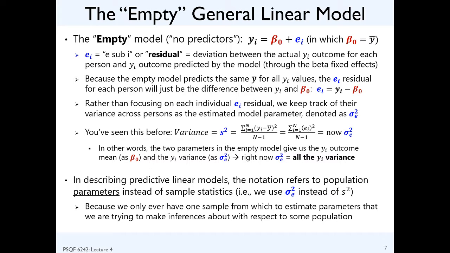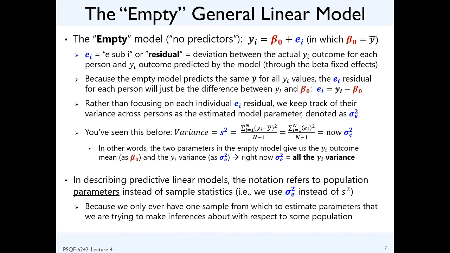Sum that up over people and divide by n-1, because we've lost 1 degree of freedom by estimating the mean. Same exact thing, new letter. e is how far off your predicted y is from your real one. Right now, predicted y is just the mean for everybody. So instead of saying y sub i minus the mean, it's just e, because that's what e means.